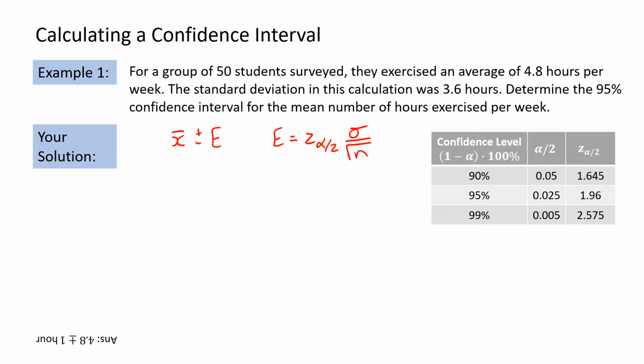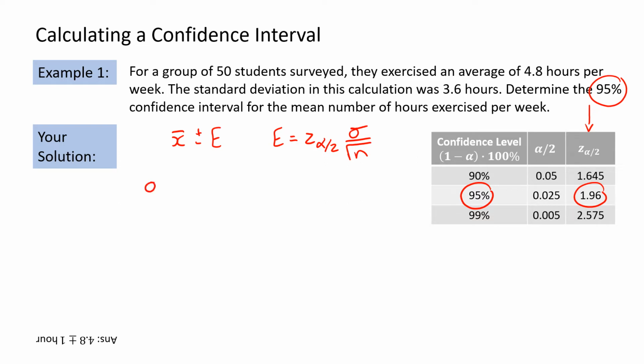Like I said, I'm going to provide you with this table for your test. It'll be on your formula sheet. The question asks for the 95% confidence interval, so we go to our column with our z-score and we see it's 1.96.